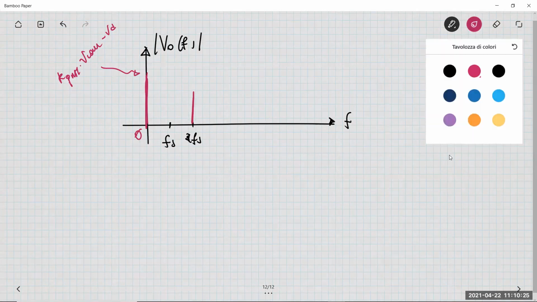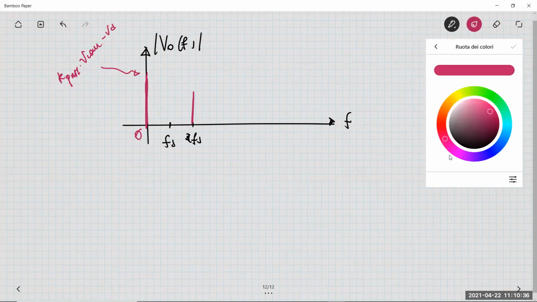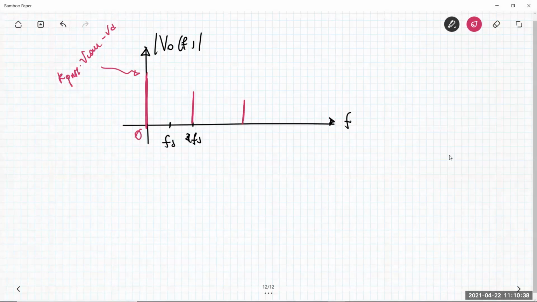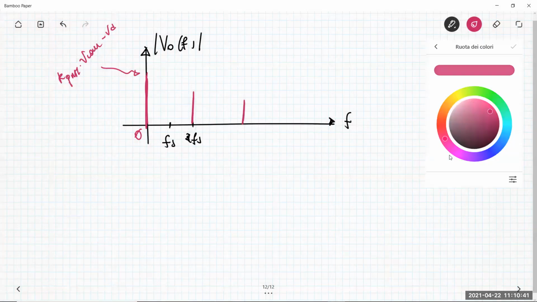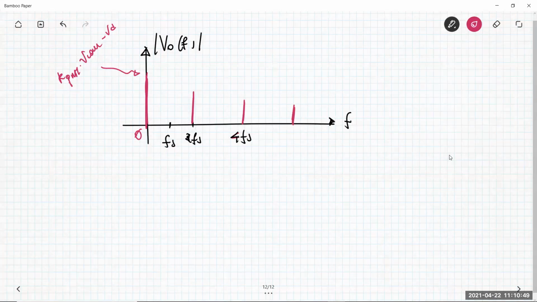And then the harmonics are integer multiples of this fundamental at 2Fs. So you have, for example, 4Fs, 6Fs, etc.